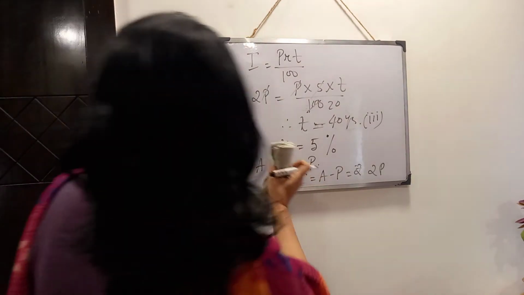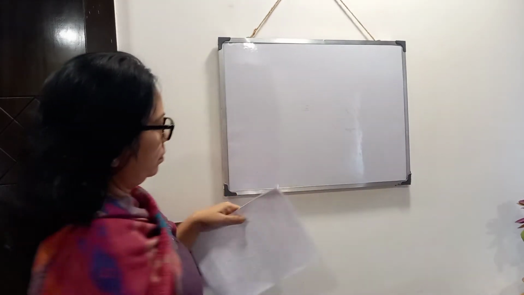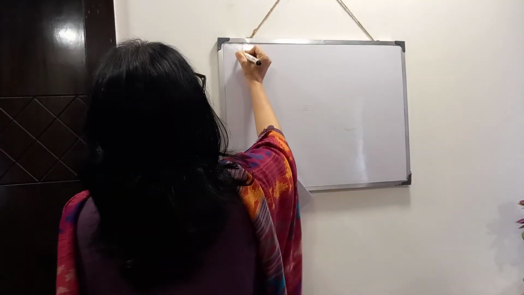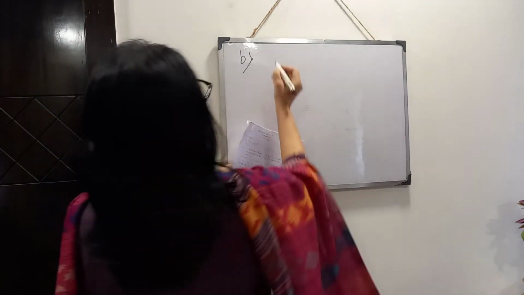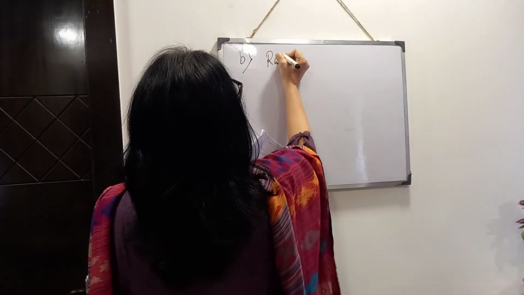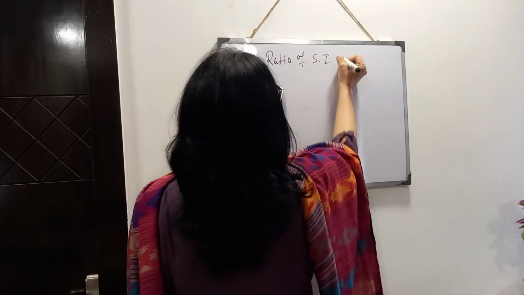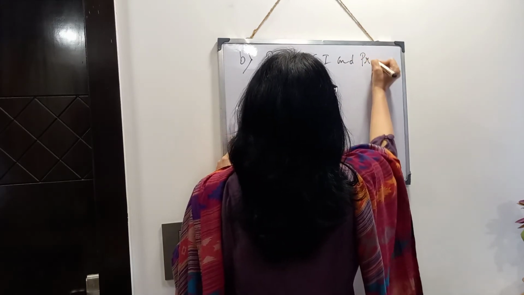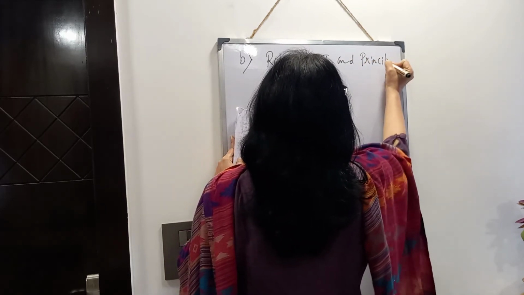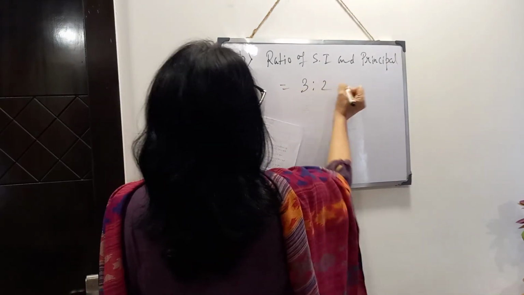Now in number B. In how many years will the ratio of simple interest and principal given 3:2.